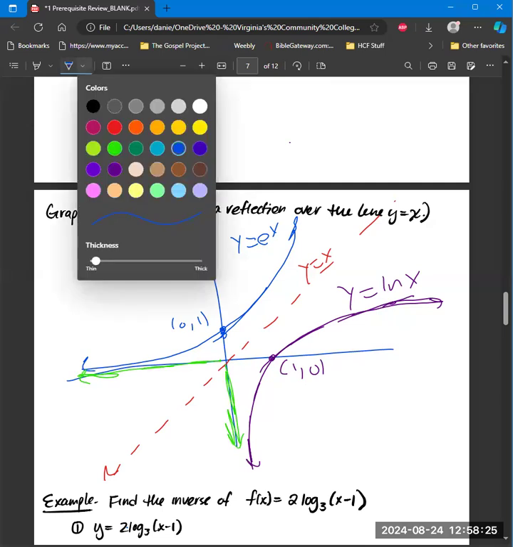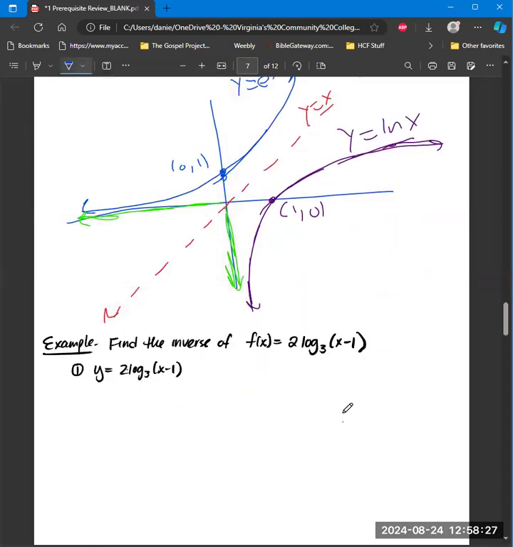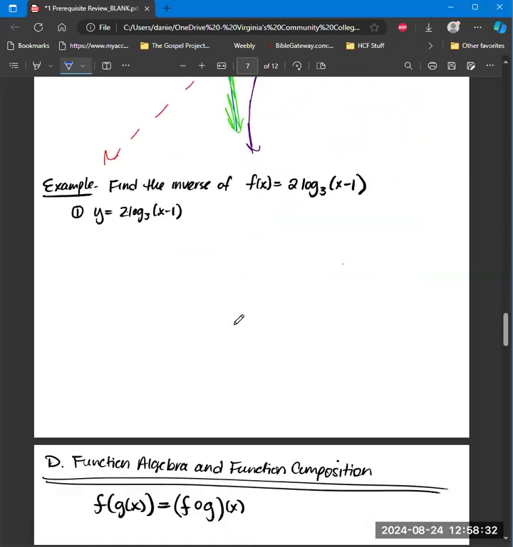All right, let's find the inverse of 2 log base 3 of x minus 1. I'll use the steps that you learned in Precalc instead of the steps the way they were listed up there. So first thing would be to replace f of x with y if you need to. Now we're going to switch x and y.